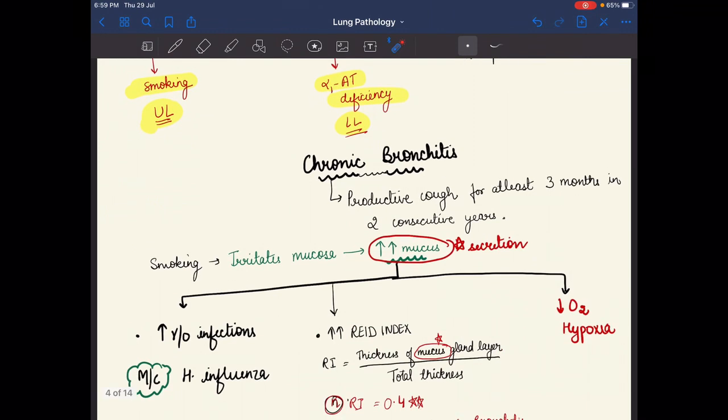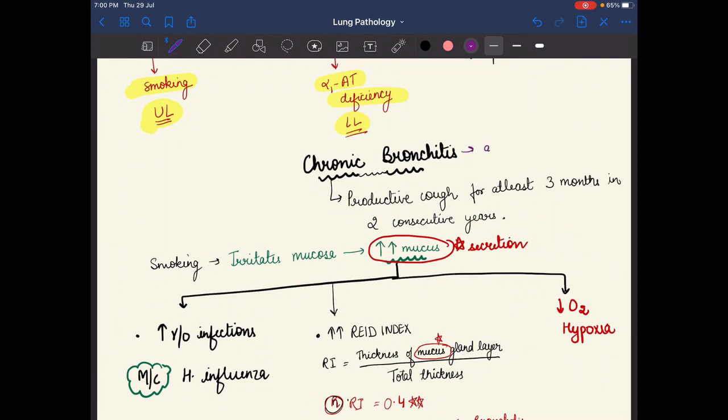Now move to chronic bronchitis. I hope you all got the points related to emphysema. Chronic bronchitis is also a part of COPD, chronic obstructive pulmonary disease, and it is also associated with smoking.